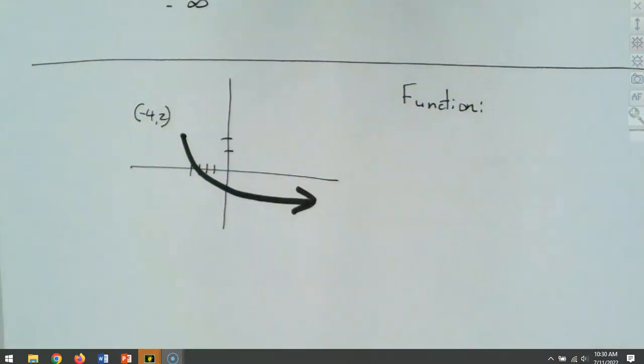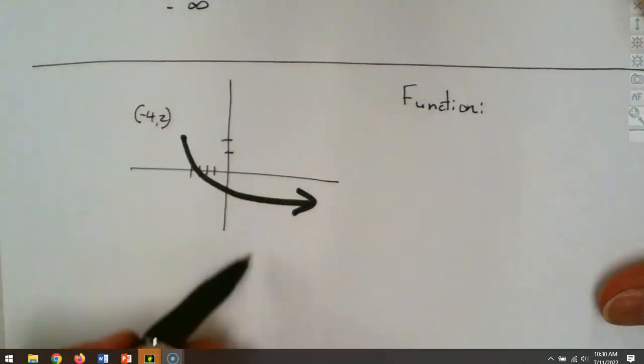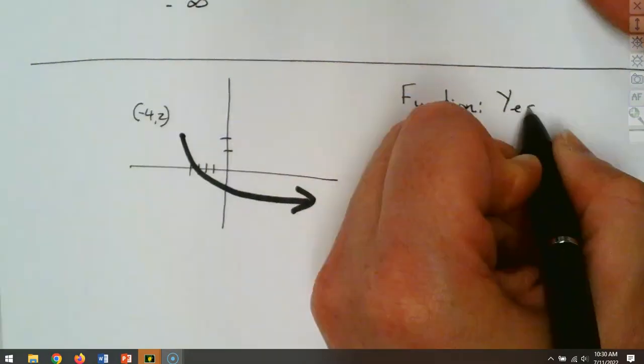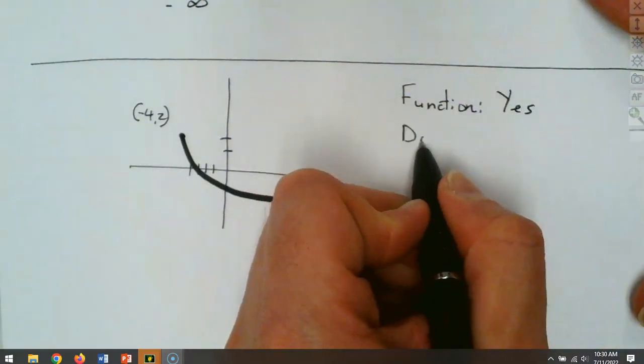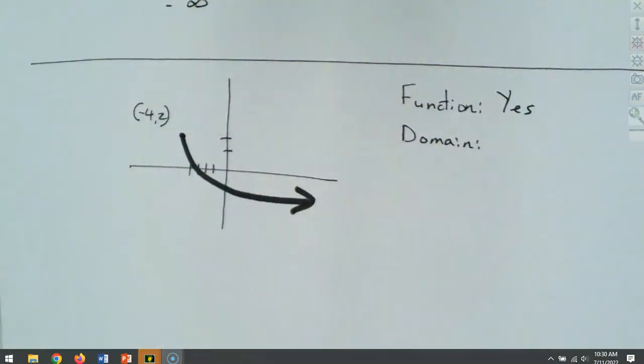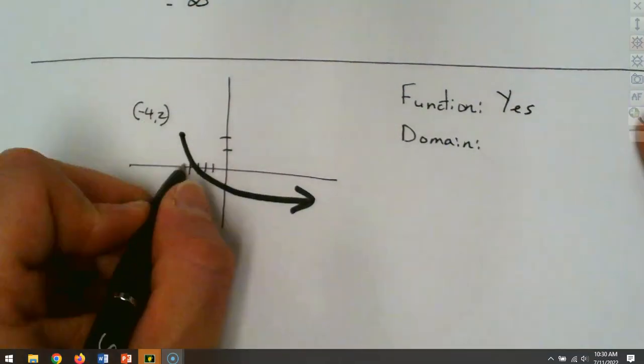Is this one a function? Yes or no? Yeah, it is a function, isn't it? Right? Because every line touches at only one spot. So it is a function. Now, what about my domain? Okay, the domain is the values of x. And we look at where it starts on the x-axis.